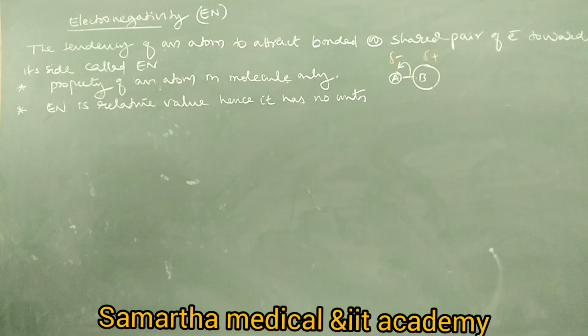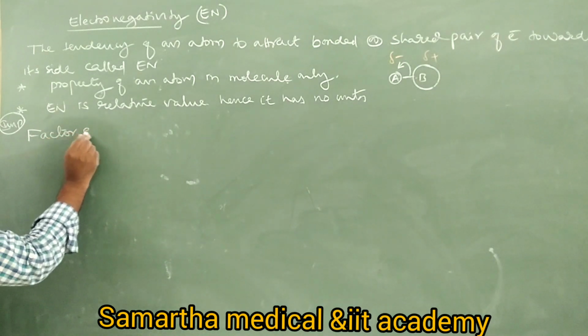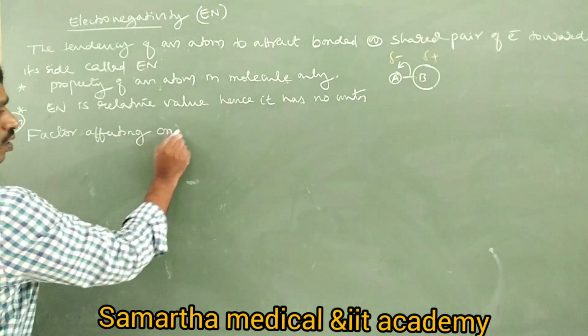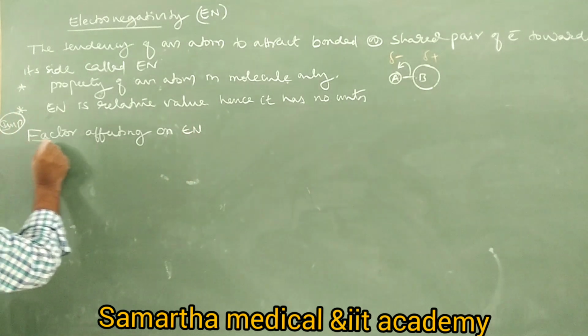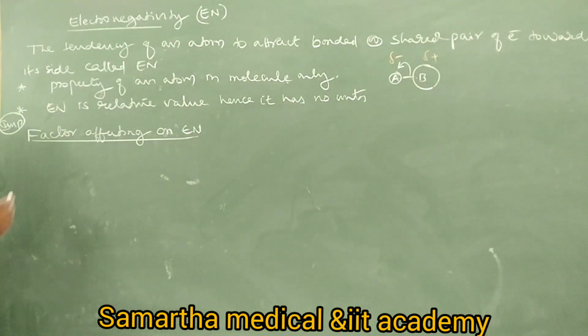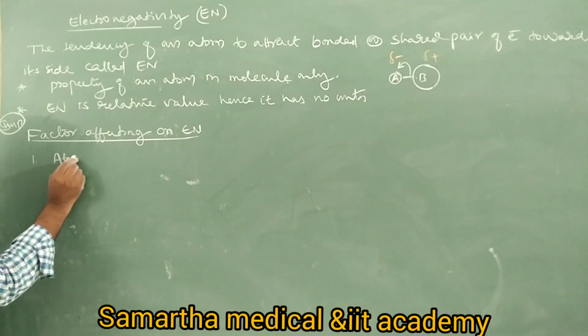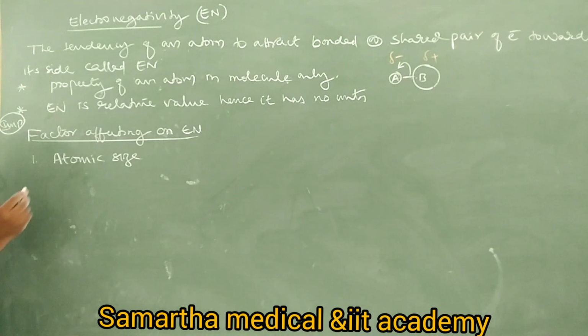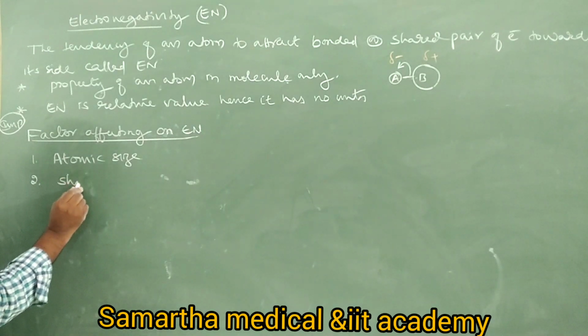Okay. Next is factors affecting electronegativity. It is important. This concept is even important for organic chemistry. Listen carefully. The first factor is atomic size. Second, the shielding effect.